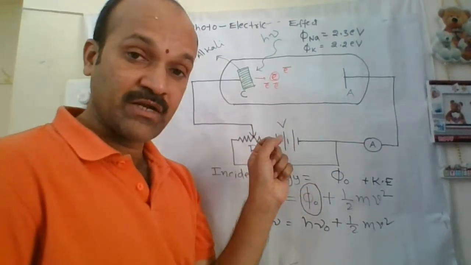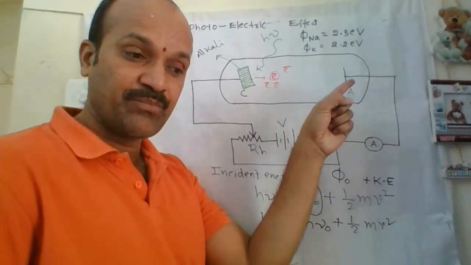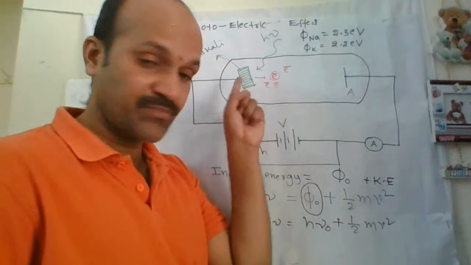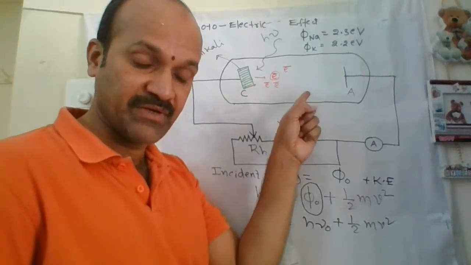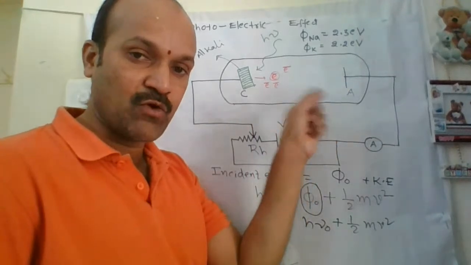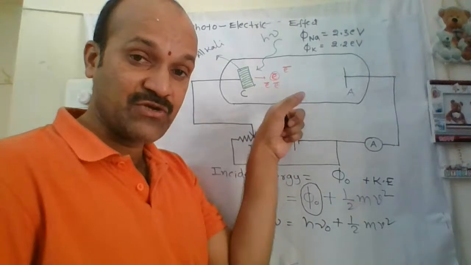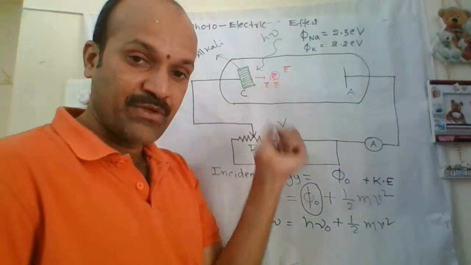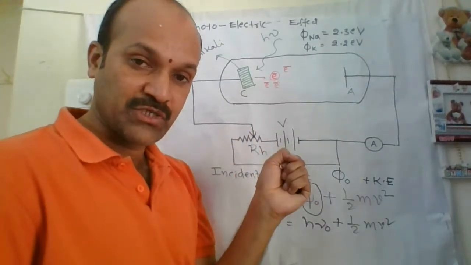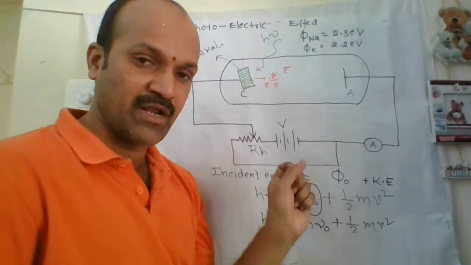When you reverse the polarity, instead of moving to that electrode, the electrons will stop in between. Say electrons are moving with some velocity. If you want to stop the electron, to make its kinetic energy zero, you have to apply an opposite potential. It is called the retarding potential. You just change the polarity here.